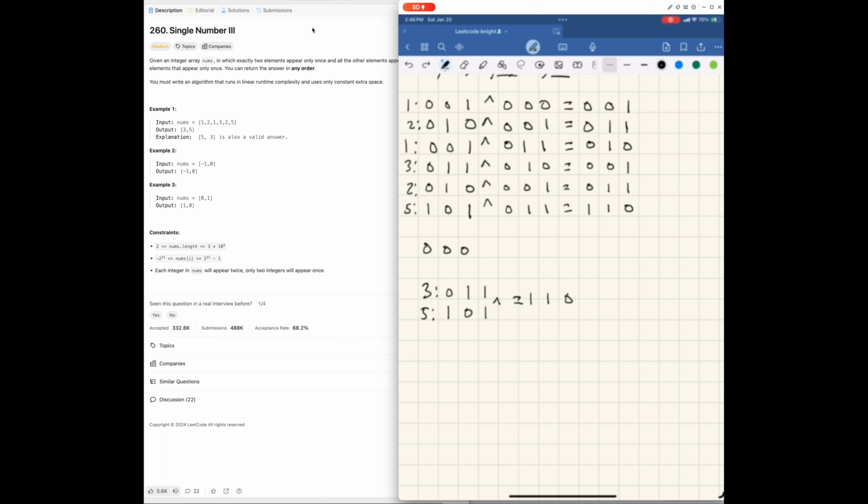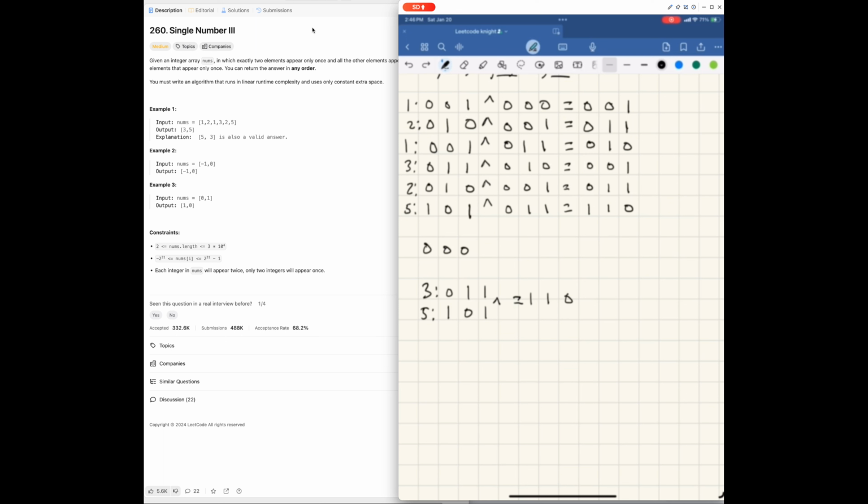We can see that at 2 of the different bits, they're different. Okay, so what if we just grouped all the numbers based off of whether or not they had a bit for that position?